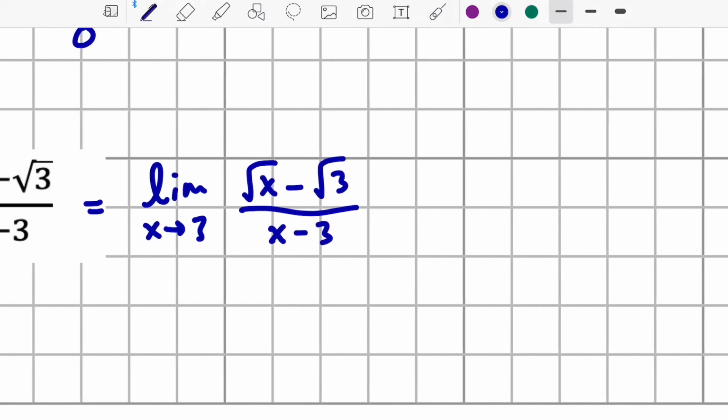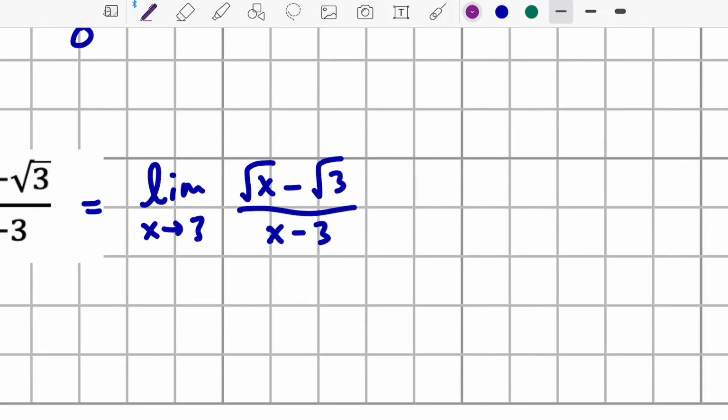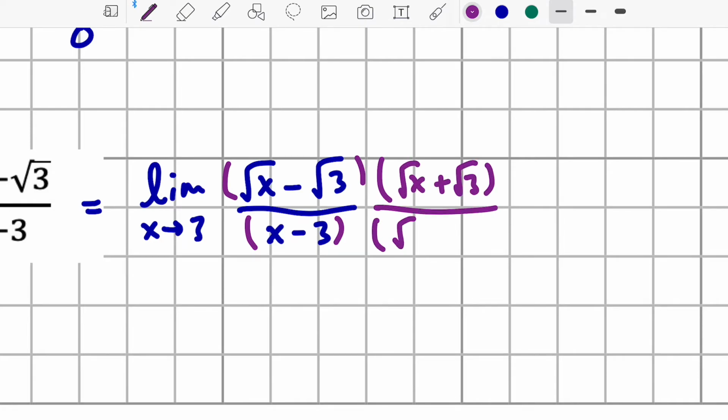And usually the conjugate is going to be the one with the square roots. So the conjugate of this numerator is going to be the exact same thing, except we're going to change the minus to a plus. So let me show you. So we're going to multiply top and bottom by the conjugate. There we go.